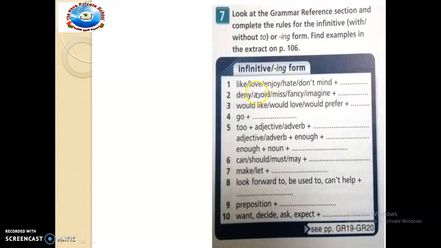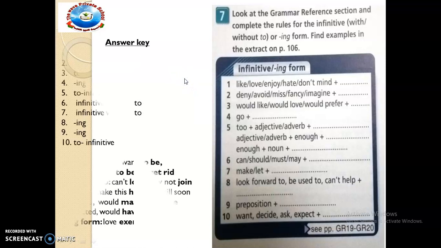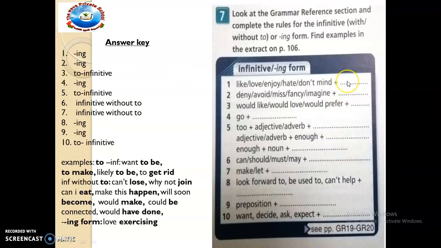Now let's see. Like, love, enjoy, hate, don't mind, plus what do we have here? What can we put in these spaces? You can cross-check your answer now. So here is ing. This one is to infinitive. Infinitive without to. The ing and the to infinitive. Examples: to infinitive: want to be, to make, to get rid.